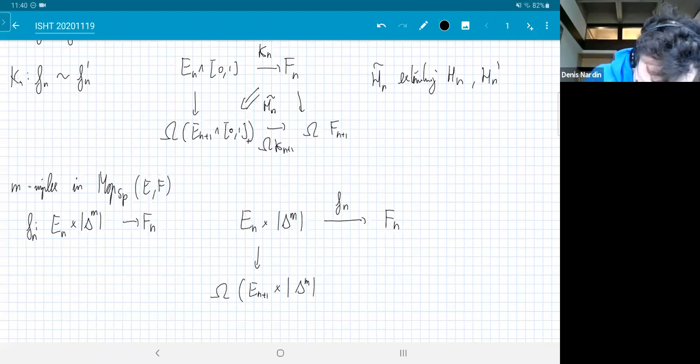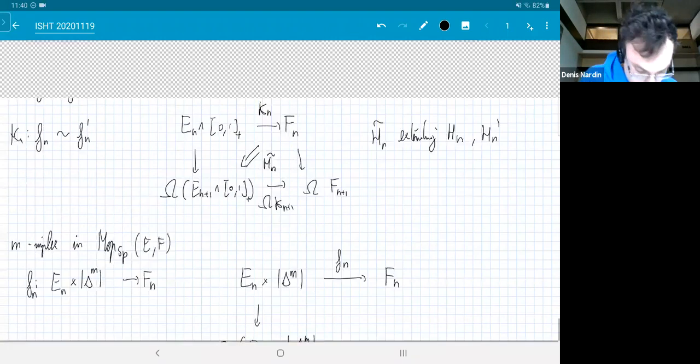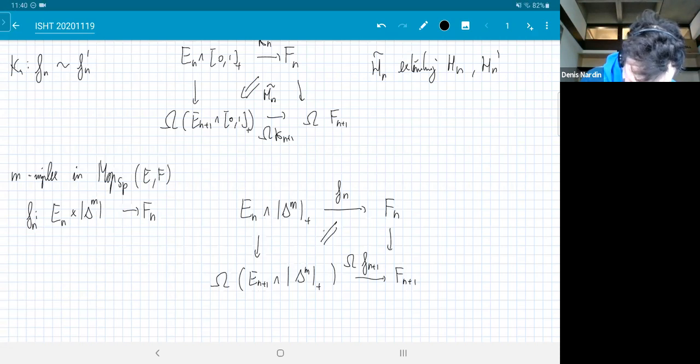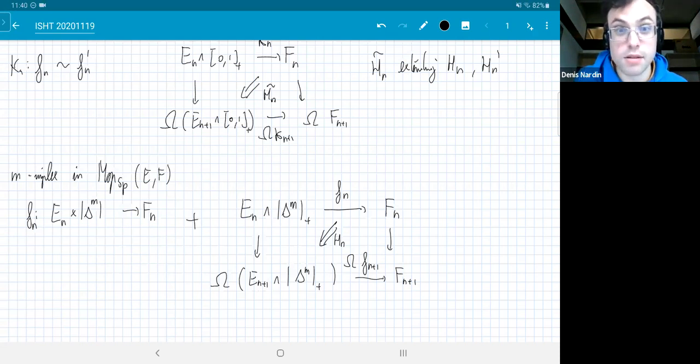I want homotopies relative to the base point, so I have to do this. Okay, is this a concrete answer?